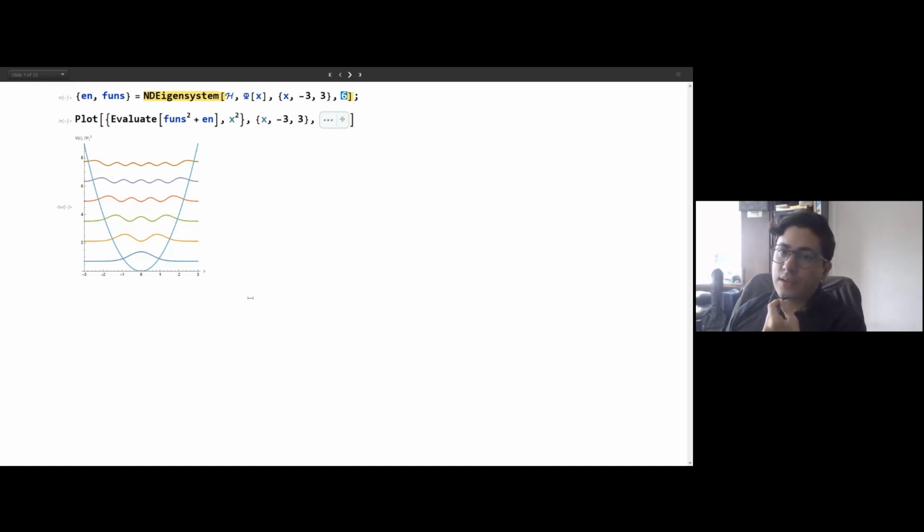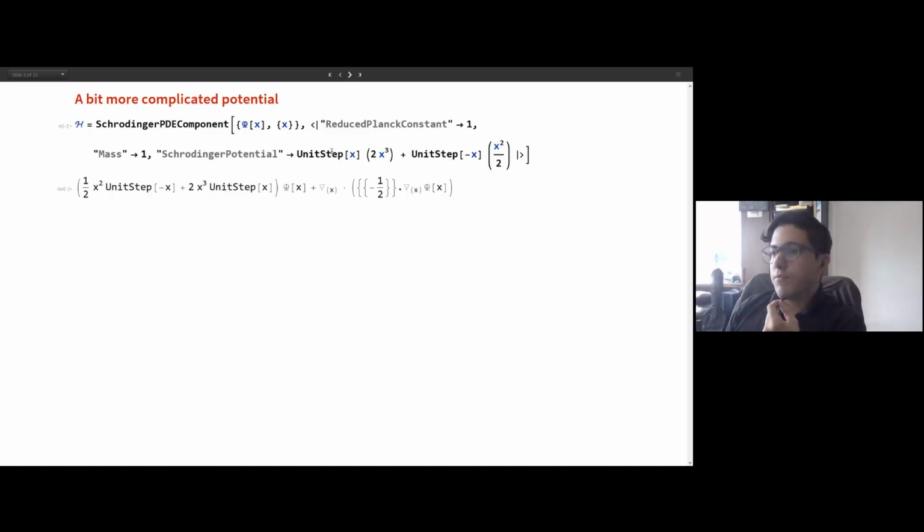As you may know, this is a common problem that has an analytical solution, so you could just plot the Hermite polynomials. But let's say you have a bit more complicated potential. Let's say that for the positive side of x, you have 2x to the power of 3, and for the negative x, you have x squared over 2.